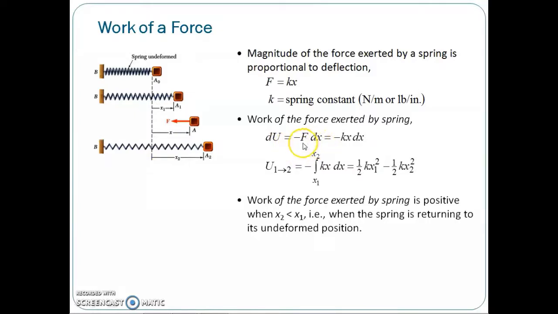Substituting F equals kx, we have dU equals negative kx dx.